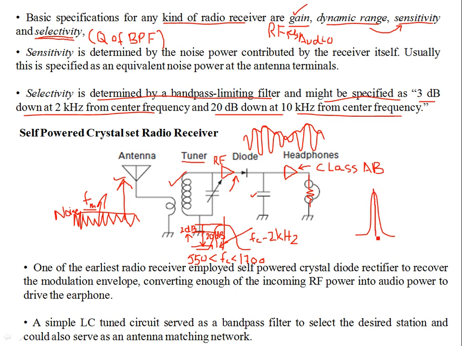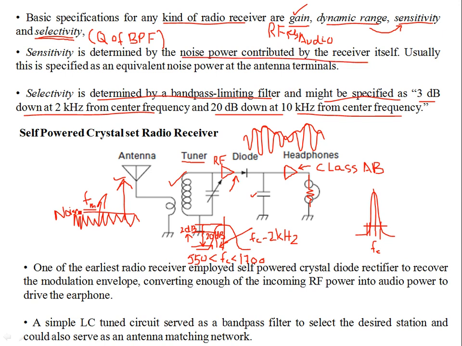This is your FC over here. Even if you deviate slightly from FC, the response falls very quickly. This could be 30 dB, 40 dB, whatever. If you deviate over here, this is out. But anyway, at this frequency or this frequency, the response could be 30 dB down. So high selectivity. High Q means high selectivity. And sensitivity is determined by the noise power contributed by the receiver.